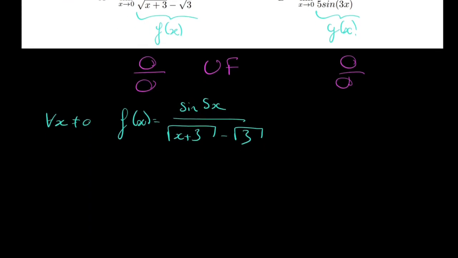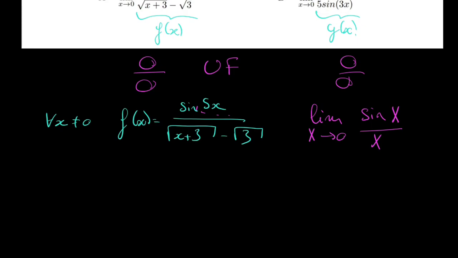We do know the limit, and this is something that you need to know. The limit when something tends to 0 of sinus of this same thing over the same thing. And here we will want later to make appear a 5x at the bottom as well. But first we need to get rid of these square roots, because we hate square roots.